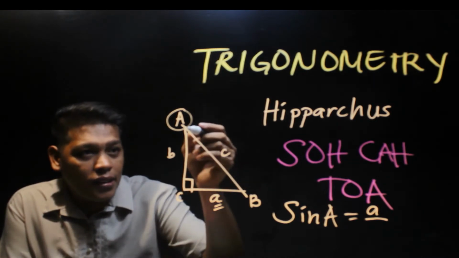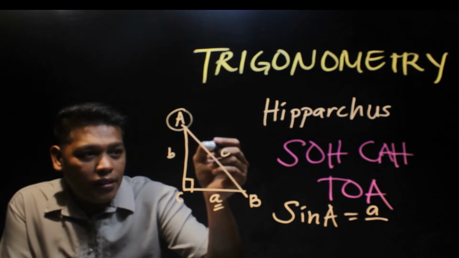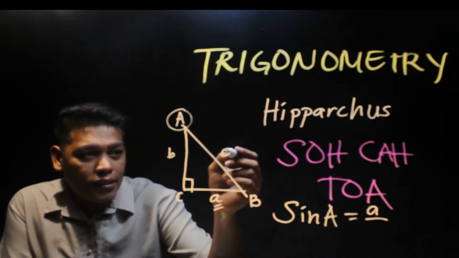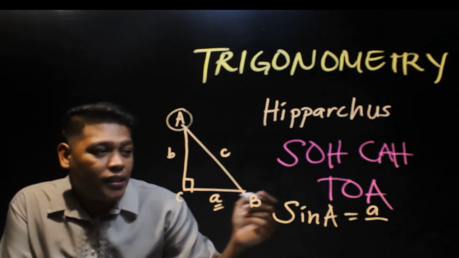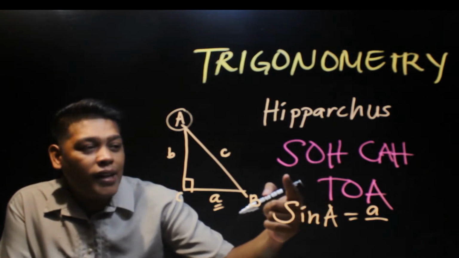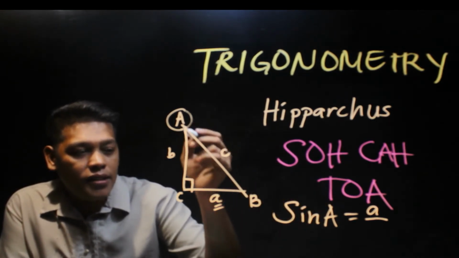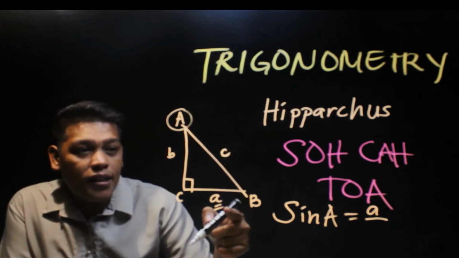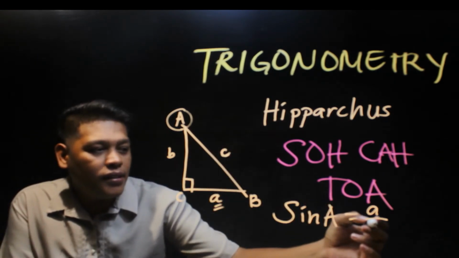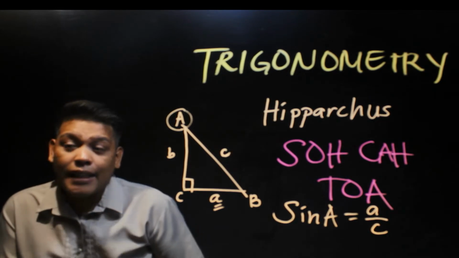This is denoted by C. So sine A is opposite side A over C. That is the sine A.